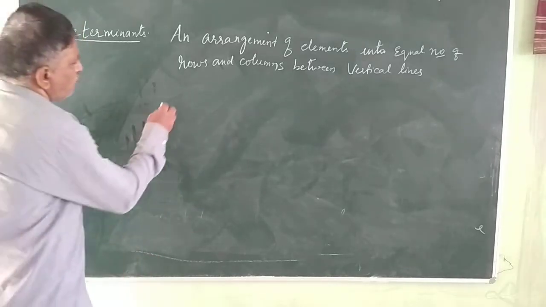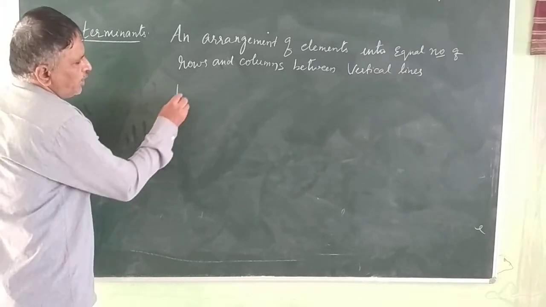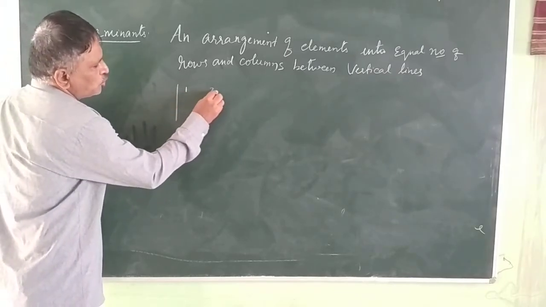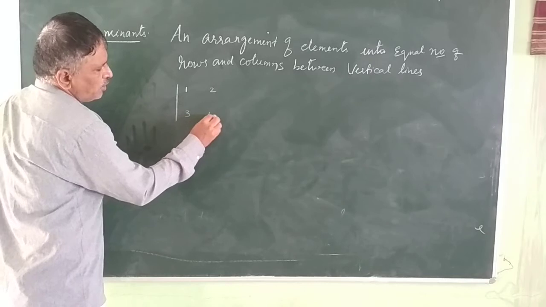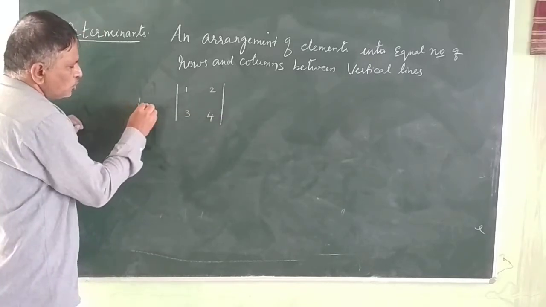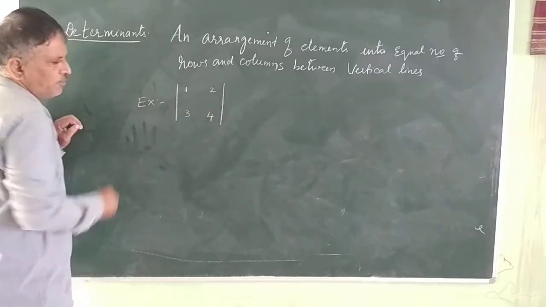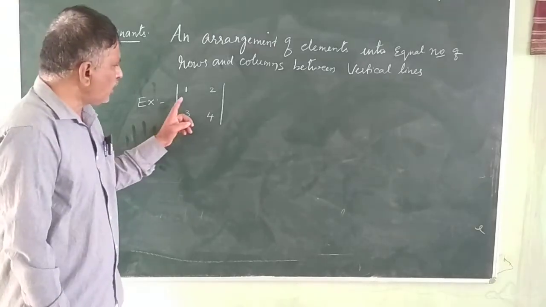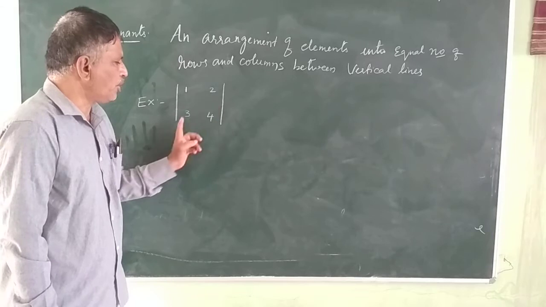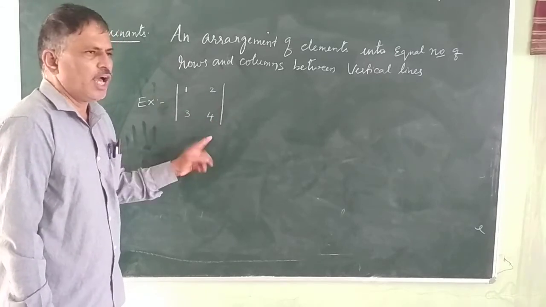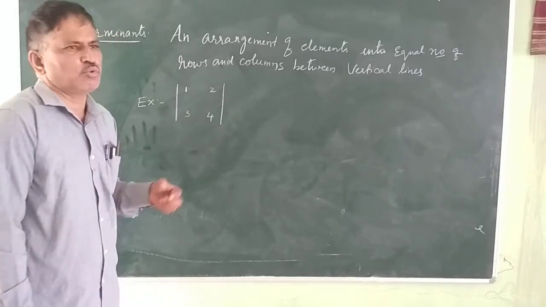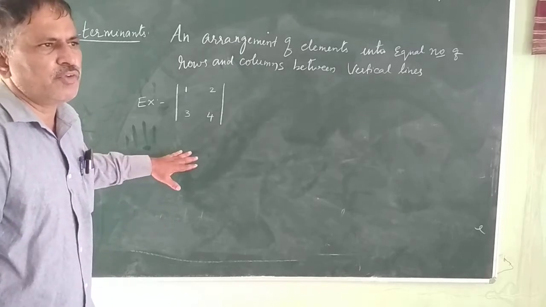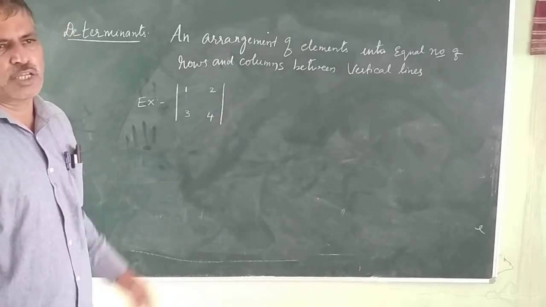For example, we will take 1, 2, 3, 4. So this is an example of a determinant. See, I have taken an equal number of rows and columns. 2 rows and 2 columns are there, between 2 vertical lines.